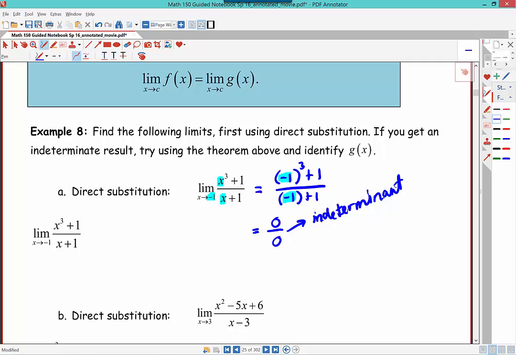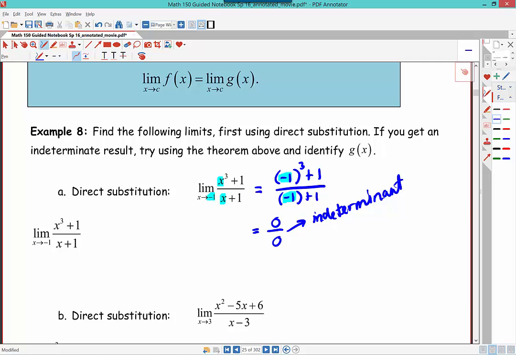Remember, we can use algebra to rewrite this expression so that we can consider a function that agrees with the original at all but one point, that single excluded domain value. Because remember that a function value does not need to exist on the graph. So the function does not have to exist at that input value for a limit to exist, right?